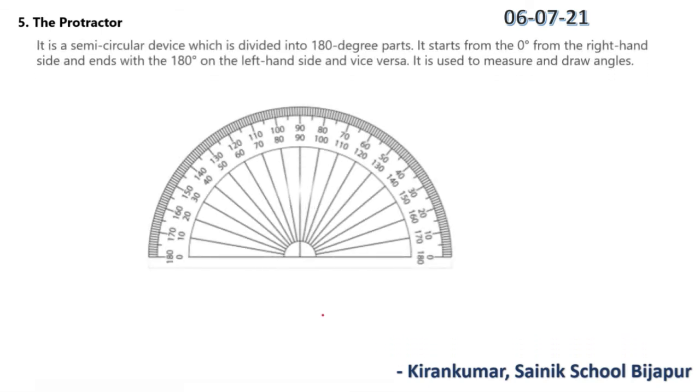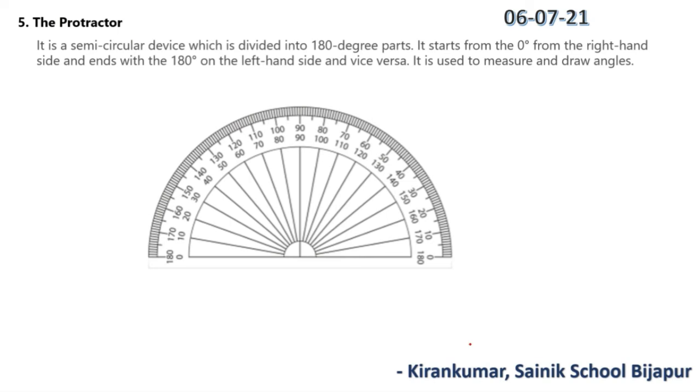This is how a protractor looks. It has gradings from 0 to 180 from left to right, and 0 to 180 degree from right to left. In the clockwise direction, 0 to 180 degree, and in the anti-clockwise direction also we have 0 to 180 degrees. These are a few instruments we use in practical geometry.